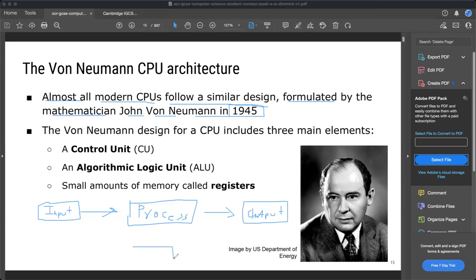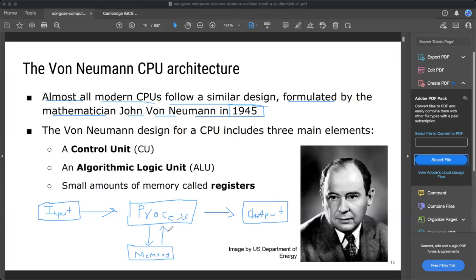So he proposed the idea of a memory unit. Memory is the place where we store our data. So the memory unit is connected with the processor. This is the von Neumann architecture picture, an idea, a concept.